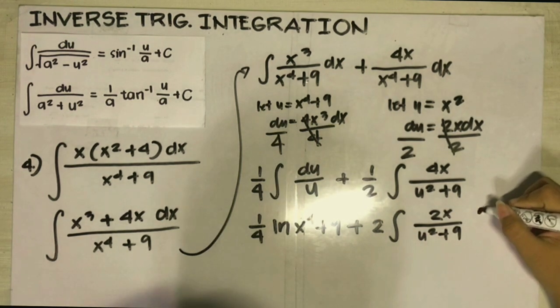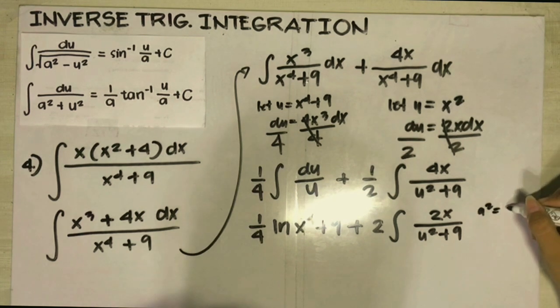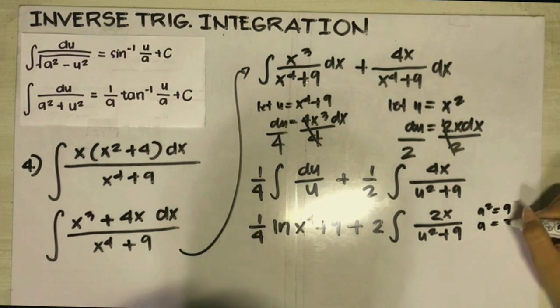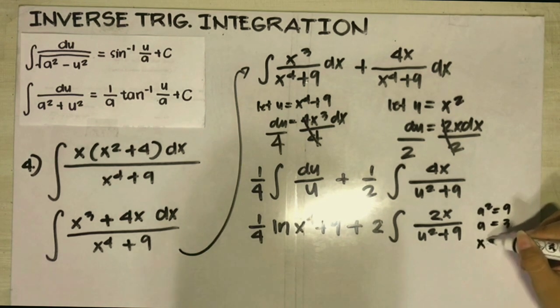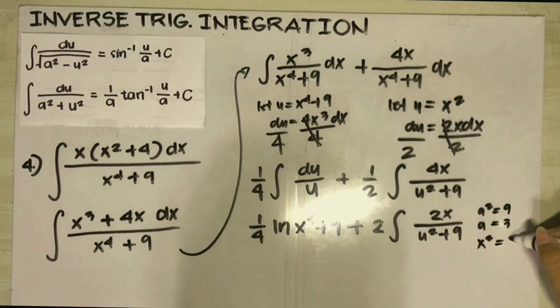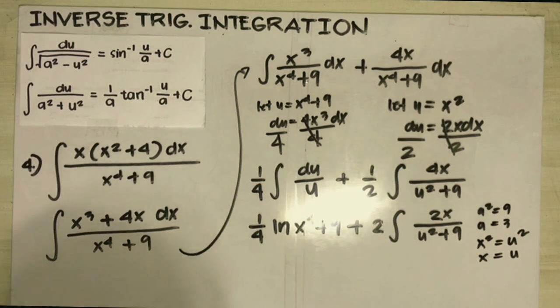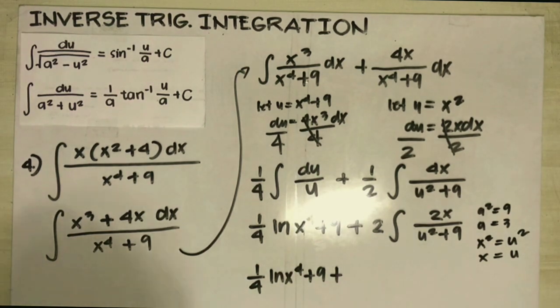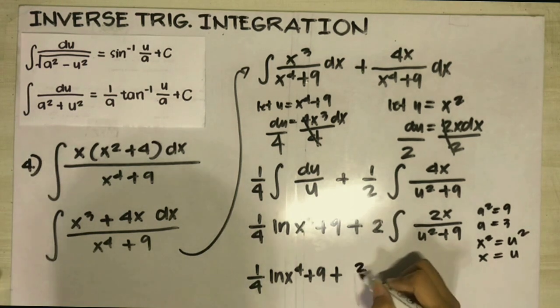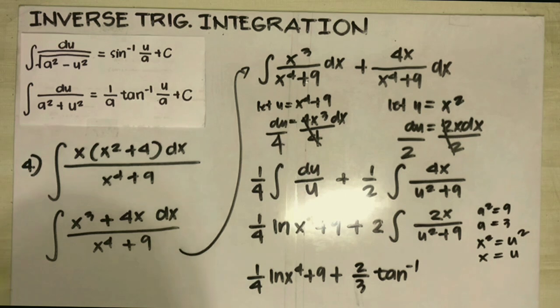So let's let a squared is equal to 9, a is equal to 3, x squared is equal to u squared, and x is equal to u. So, 1/4 ln of x to the 4th power plus 9 plus 2 times 1/3, or 2/3, arctangent. Our u is x squared, so this is x squared over 3 plus c.